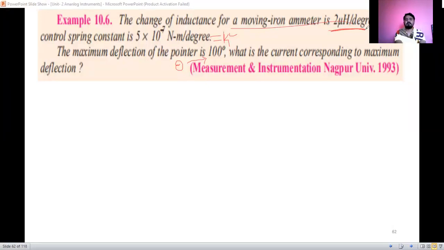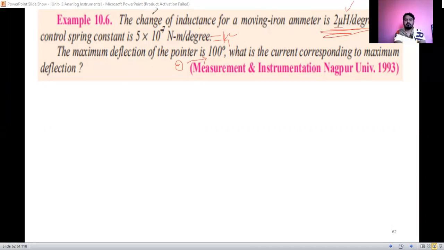What is this one? 2 microhenry per degree. Microhenry means Henry, what is the unit here? Inductance. What is the word he has used?